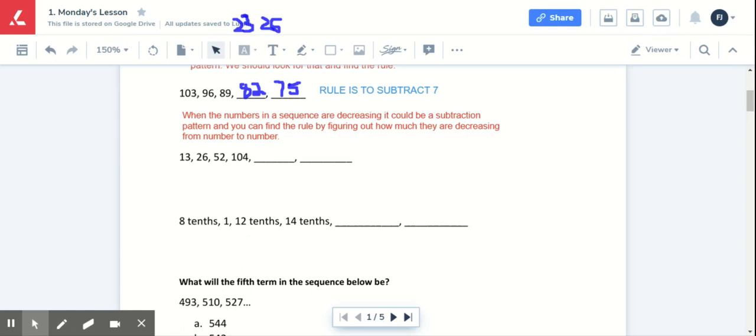Let's see if that's true from 12 tenths to 14 tenths. Yep, we're still adding 2 tenths. So in order to continue this pattern, we just have to keep adding 2 tenths. So that means the next number is going to be 16 tenths, and the next one is going to be 18 tenths.